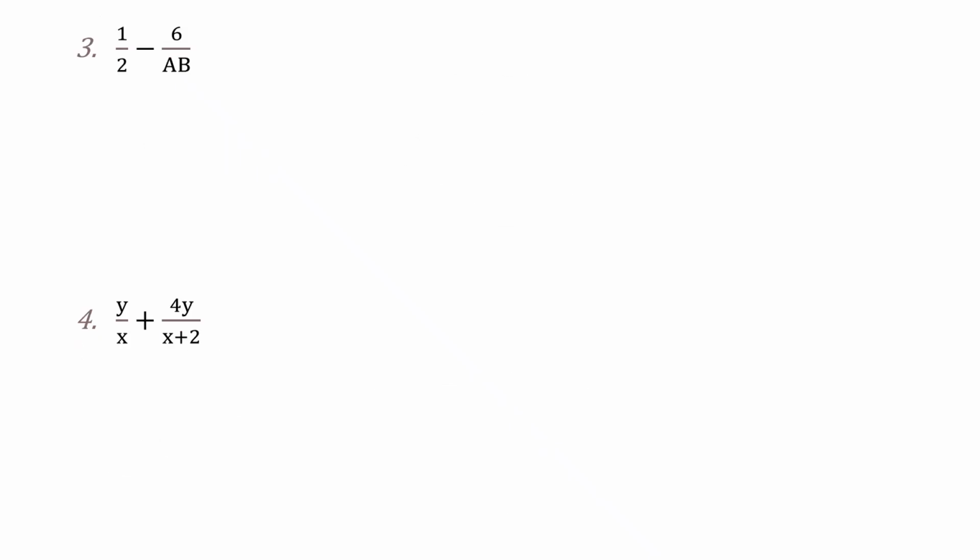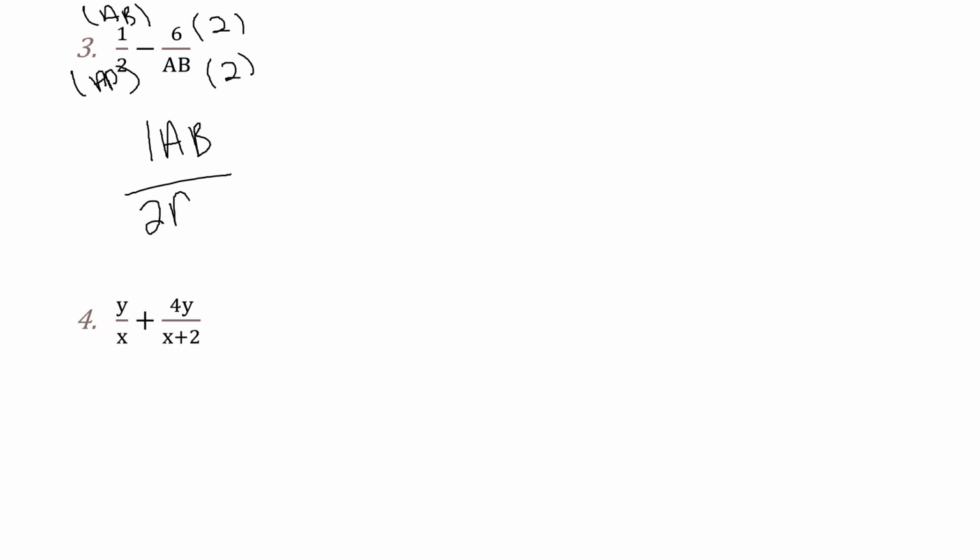Let's look at number 3. Find a common denominator here. Multiply by each other. AB times 1 is 1AB. On the bottom, AB times 2 is 2AB. 6 times 2 is 12.